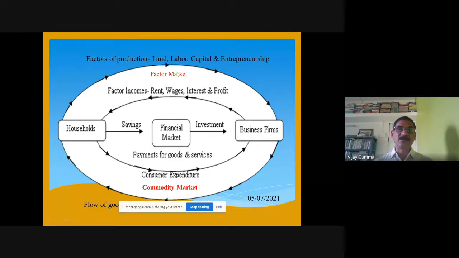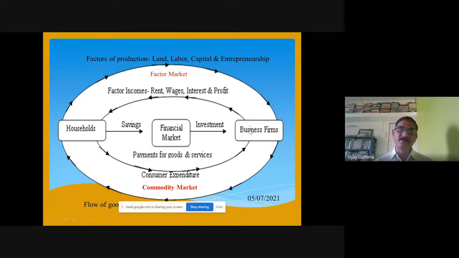The services of factors of production flow from the household sector to the business firm sector and get back to the household sector in the form of goods and services.